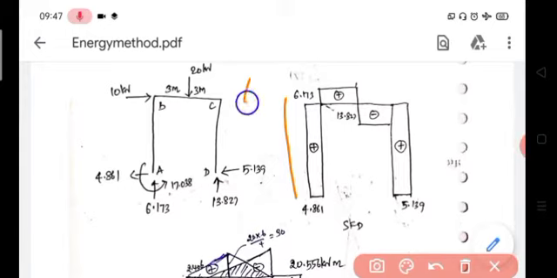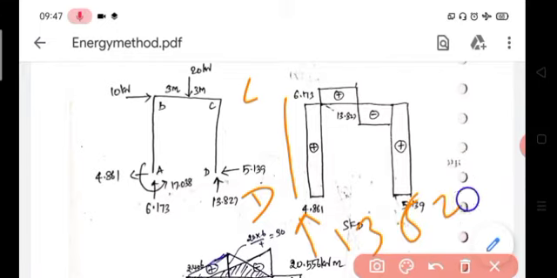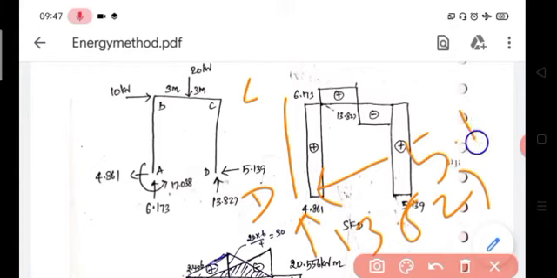This is C, this is D. At D there are two reactions: Vd is equal to 13.827, then Hd is equal to 5.139.